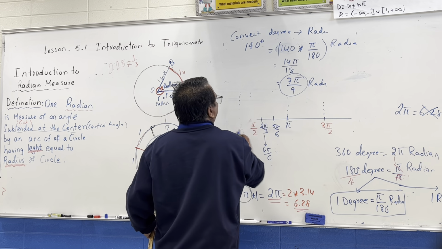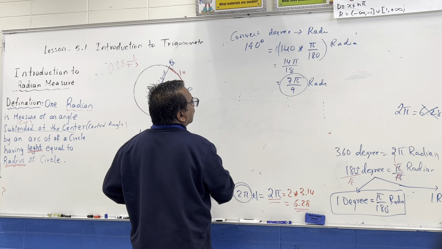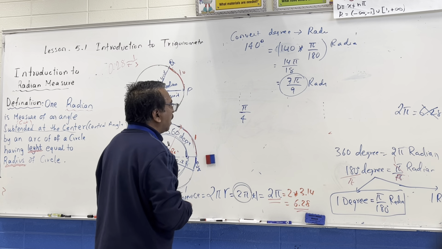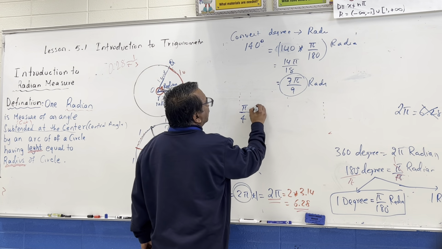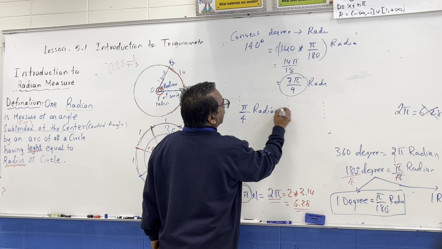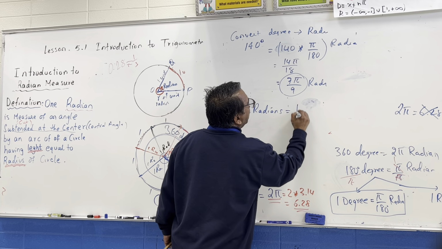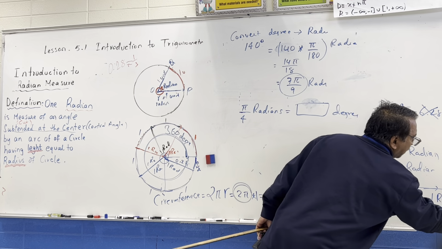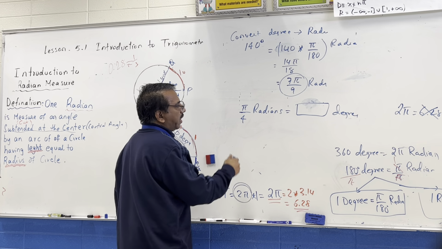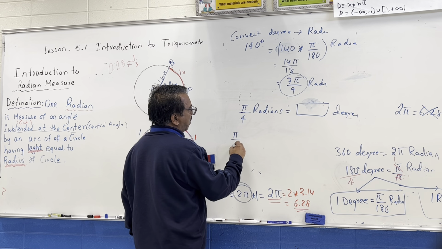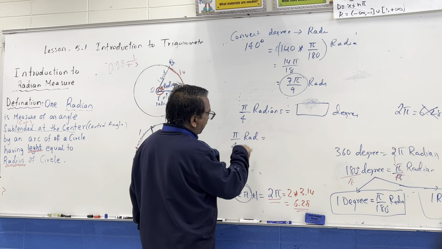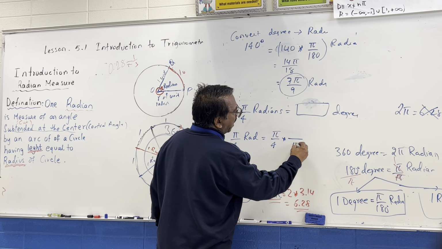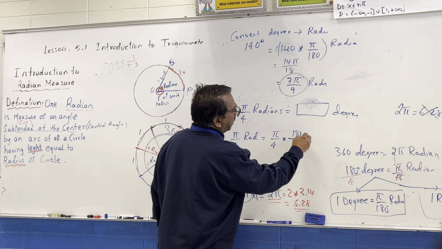And they can also give you, let's say, pi by 4, which I forgot to give. This is given in radians, and you want to know what this is in degrees. So how many degrees is this? How do we do this? We use the second one. 1 radian is the unit rate. So if they ask you pi by 4, this time we multiply, pi is up here, and the conversion rate is 180 divided by pi.